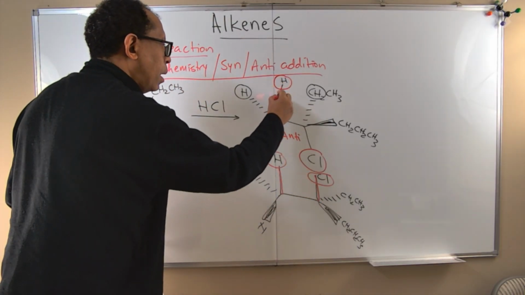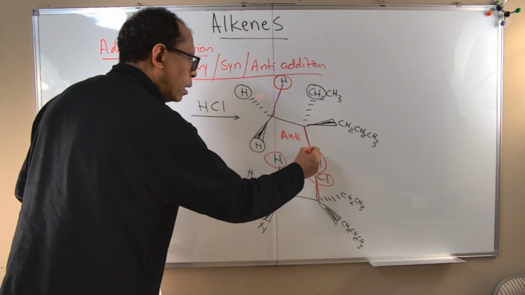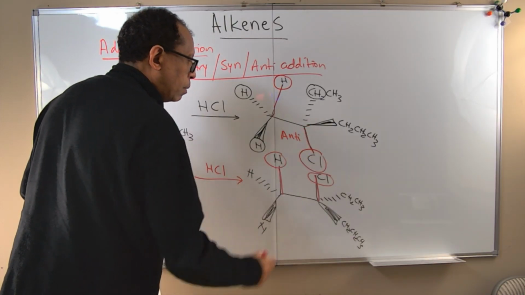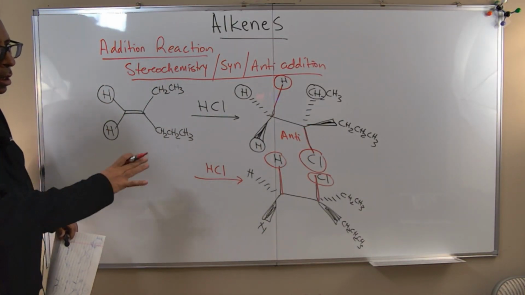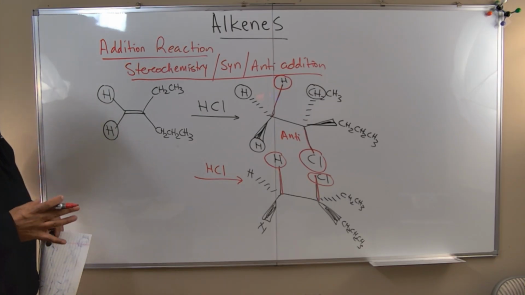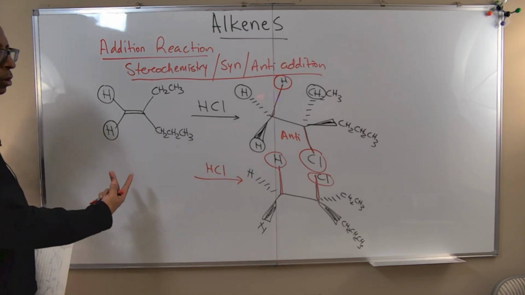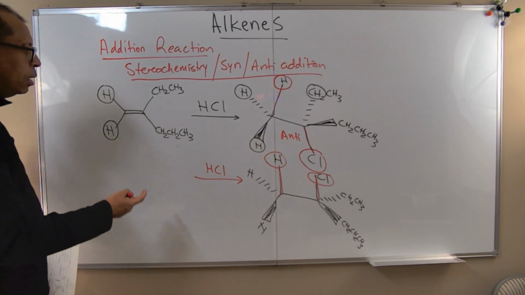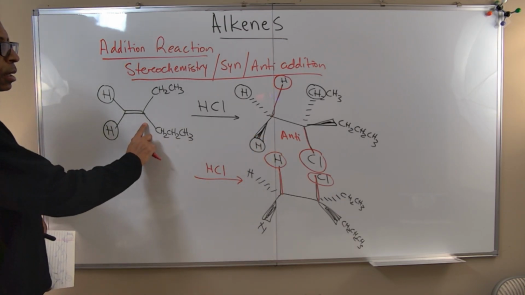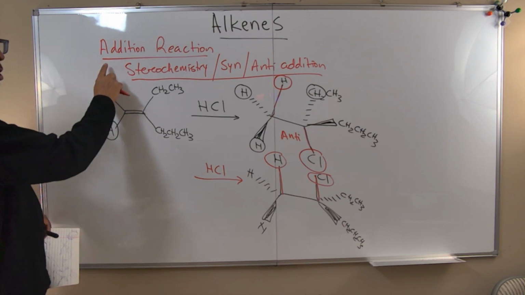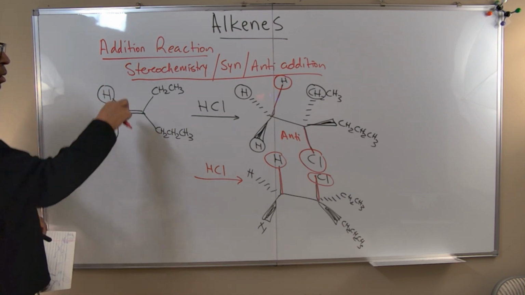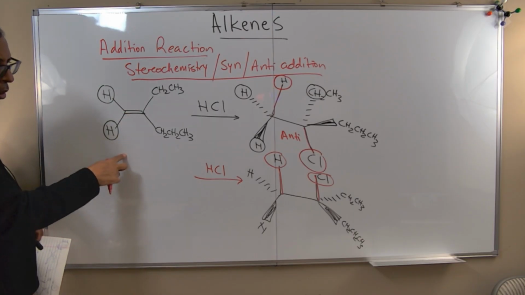This is a bond that's newly made, Cl. So there is syn and anti. For anti, for example, you could have Cl here and H would be here, or Cl would be here, H.